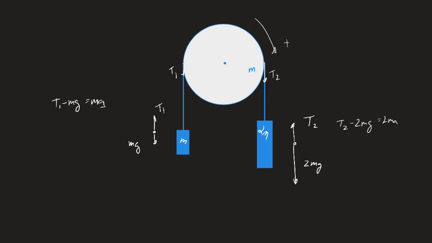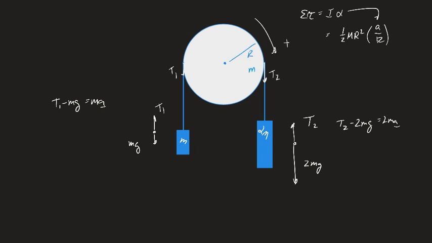These two a's are the same. Moving on, net torque on the system is going to equal I alpha. It is a disk of mass m, radius r, so I'm going to treat this as a disk, 1/2 mr squared. And I'm going to sub in alpha equals a over r because I believe that all the accelerations are linked together by the radius of this pulley.